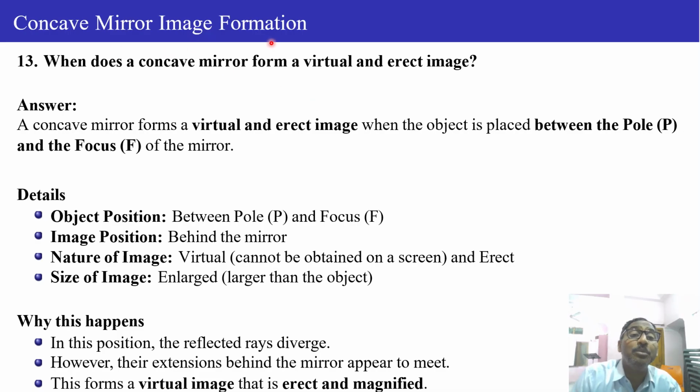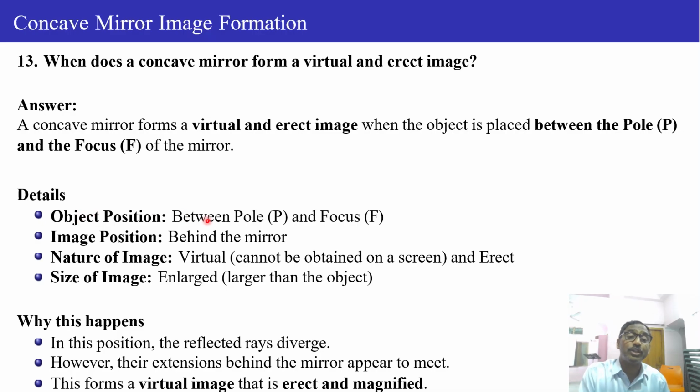Concave mirror image formation. When does a concave mirror form a virtual and direct image? If the object is taken in between pole and focus, it will form virtual erect image. So a concave mirror forms virtual and direct image when the object is between pole and focus of the mirror.